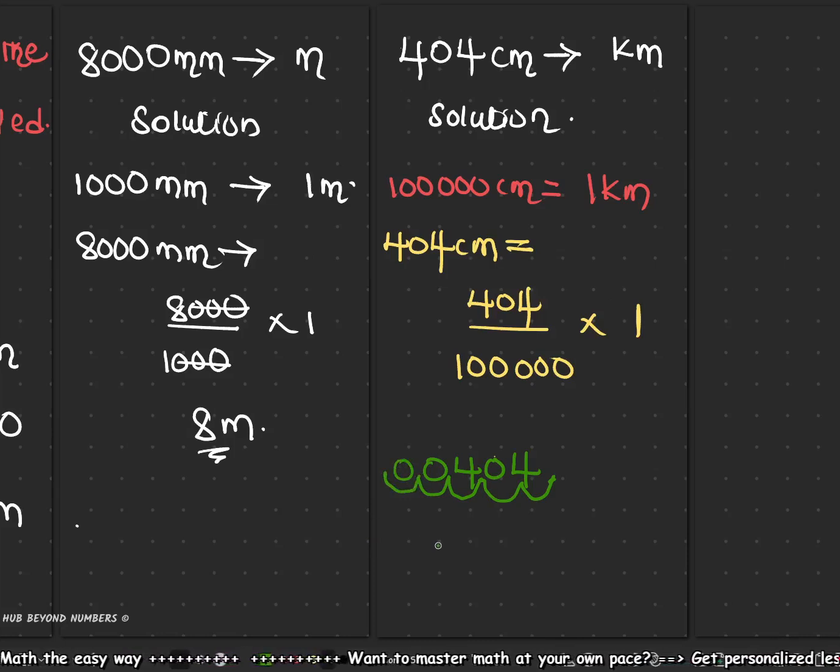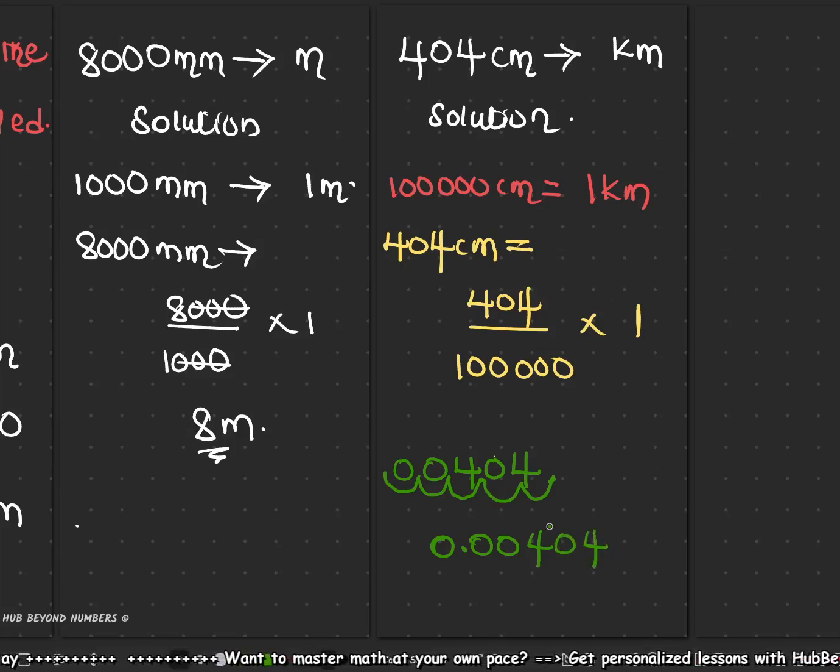And that simply gives us 0.00404. Depending on the number of decimal places you need, you can indicate that this is in kilometers, right? So basically, this is how we do our conversions from one subunit to the other.